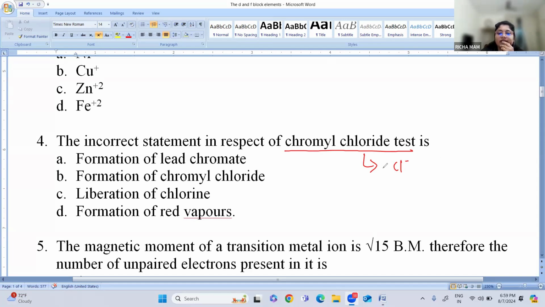Now, what is the chromyl chloride test? In the test tube, we take a small amount of the given salt, and we add concentrated H2SO4 to that, and then we heat it.